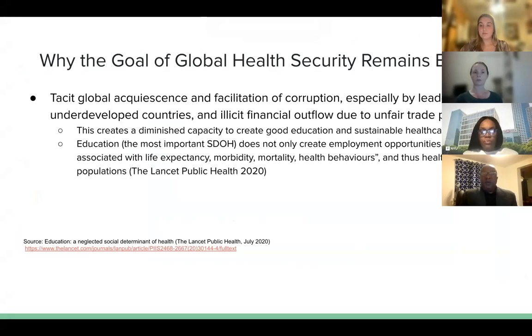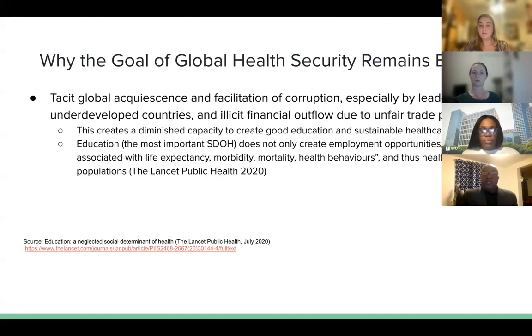Corruption would mean where, especially under the leaders of underdeveloped countries, they siphon money out of their countries into banks in developed countries, and also the illicit financial flow that comes from unfair trade practices really diminishes the capacity of these countries to create good education systems and sustainable healthcare infrastructure.